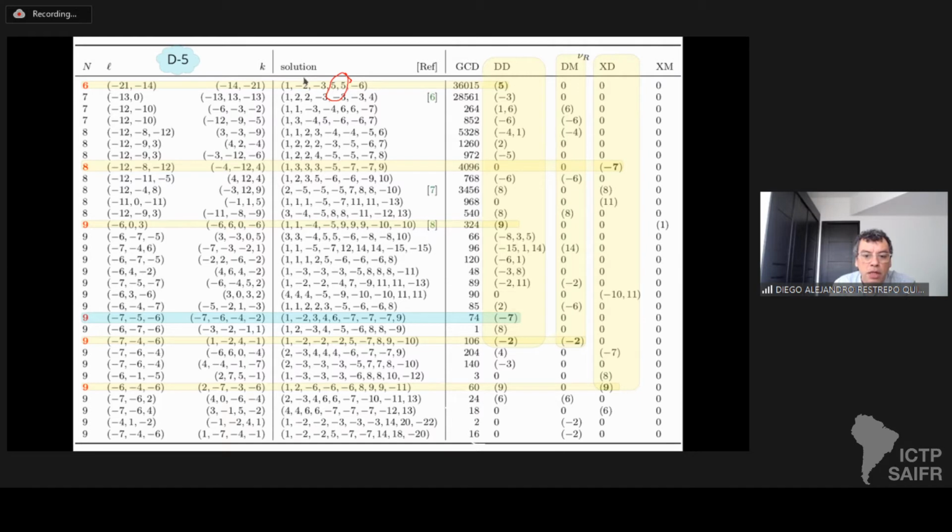For example, this -2 -3 couples with a singlet scalar of charge 5 and acquires a mass, and this 1 -6 also acquires mass with exactly the same singlet scalar.